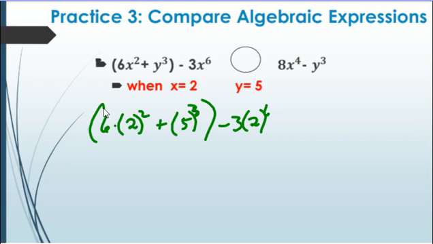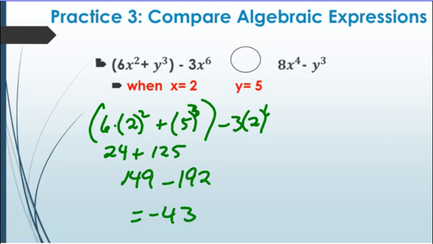Let's simplify it. 2 squared is 4, 6 times 4 is 24, plus 5 cubed is 125. 24 plus 125 is 149, minus 2 to the 6th power is 64, times 3 is 192. So 149 minus 192 gives us negative 43. So this side is negative 43.